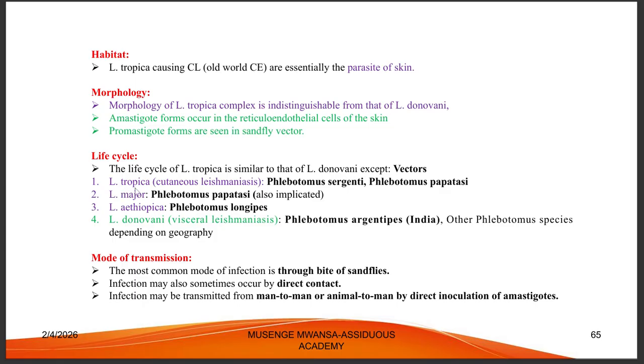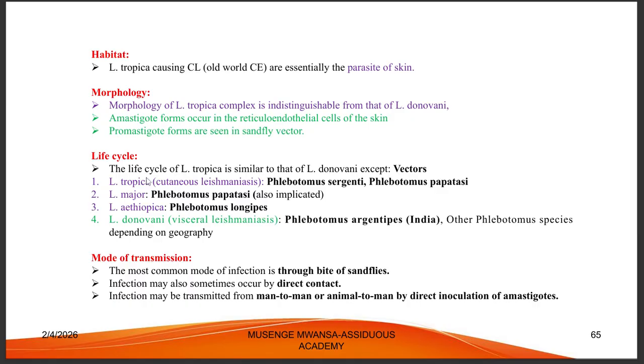Remember, for Leishmania donovani, which causes visceral leishmaniasis, we said that the vector is the Phlebotomus species, which are of different types, argentipes, papatasi, and such.